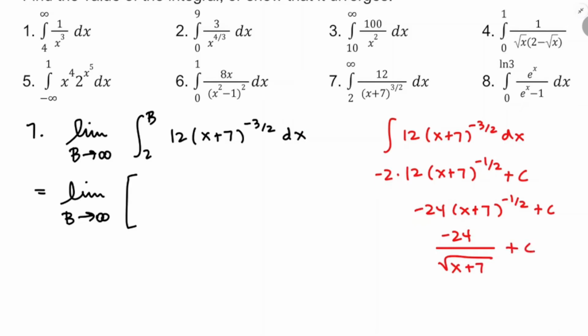So now I'm thinking about plugging in b, so -24 over the square root of b plus 7 minus -24 over square root of 2 plus 7. As b approaches infinity, the fraction on the left is going to go to 0. 24 over 3, that will be 8.